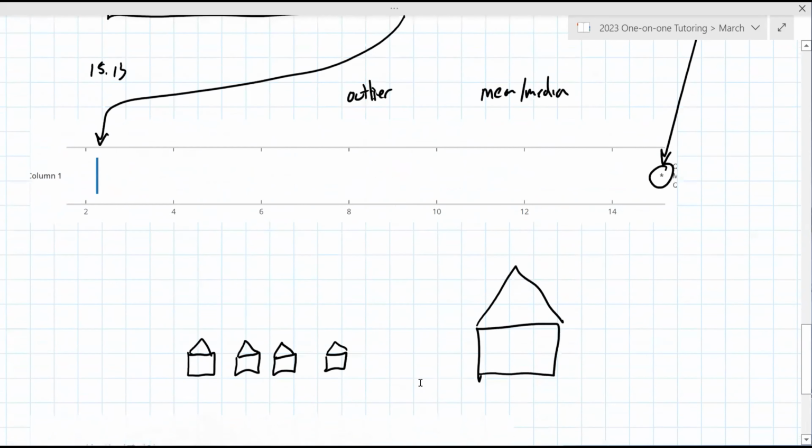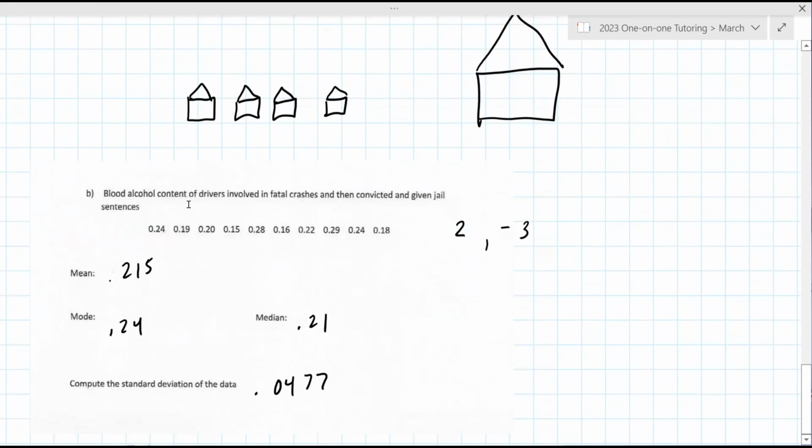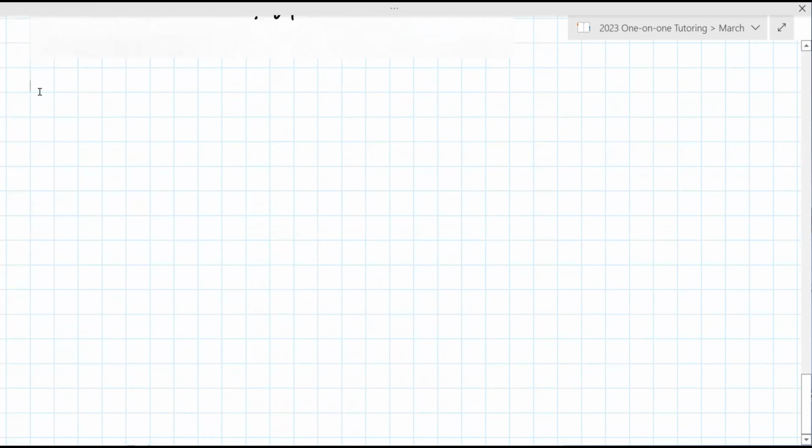And then this other one, blood alcohol content, I don't know the units of blood alcohol content. I assume it's something like percent alcohol per something, but it doesn't give us anything, like, for example, grams. I would say it's like ounces or something. You can check the state driver thing and find that out.